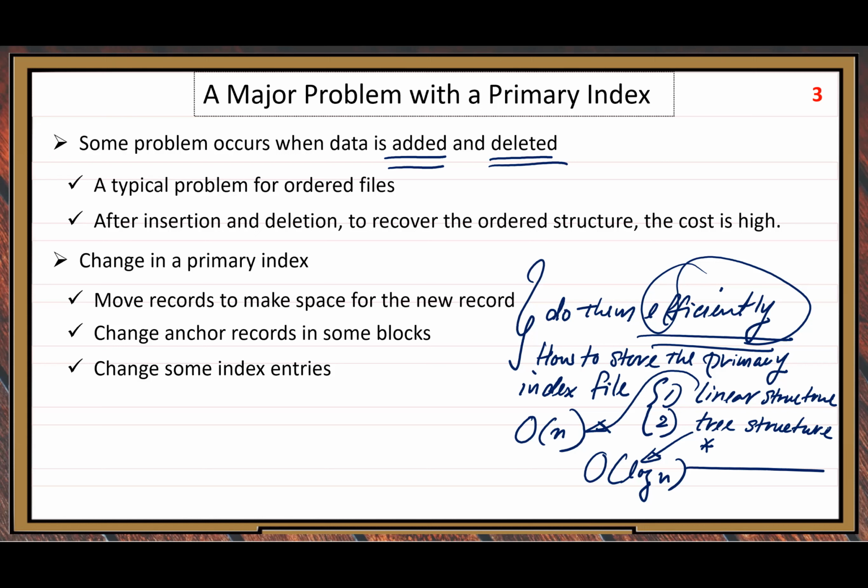So not binary, just tree structure. Then it won't be log base 2, it's log base n. Each node, we have n different branches to go.